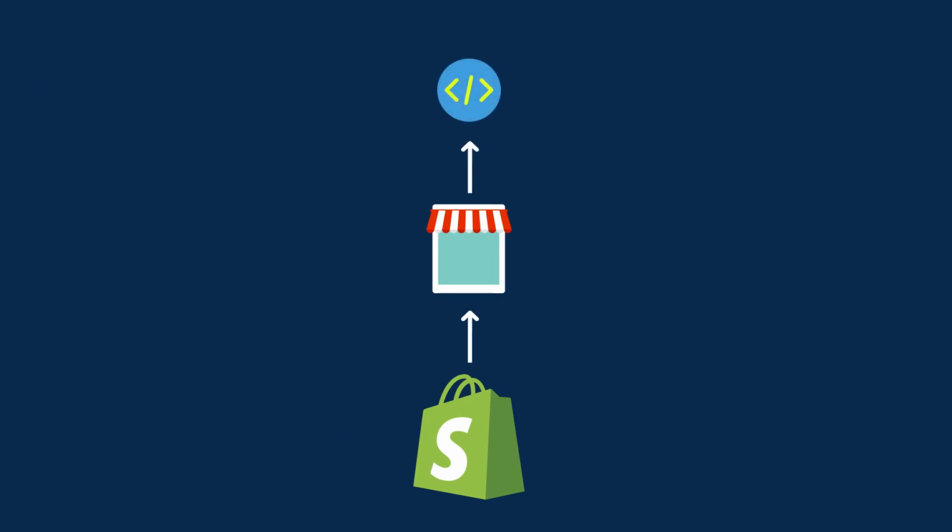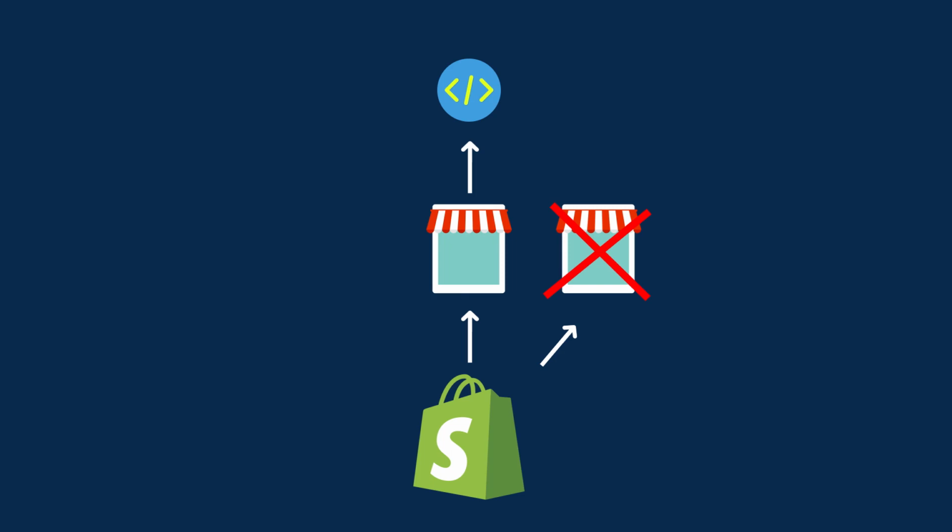Let's take a look at another diagram. So starting from the bottom up, we've got your Shopify store, and through that, we have your online store. And then sitting on top of that, we have your theme. Now, unfortunately, Shopify does not allow us to have two online stores set up on the same store. But even if it did allow us to do that, we still have one piece of content that would stay the same for each of our online stores.